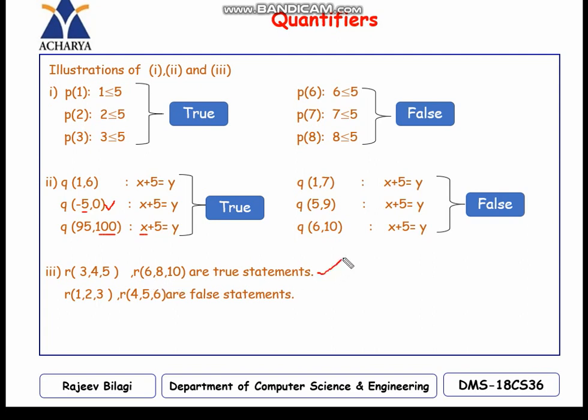So this statement is also true. Now if you look at 1, 2, 3, which is 1 square plus 2 square is equal to 3 square, that is wrong, that is false. So these are examples of false statements.